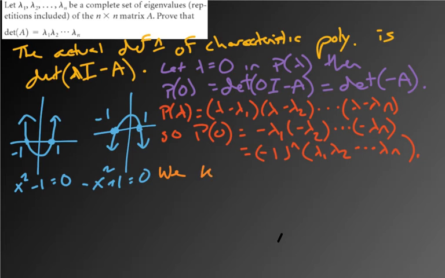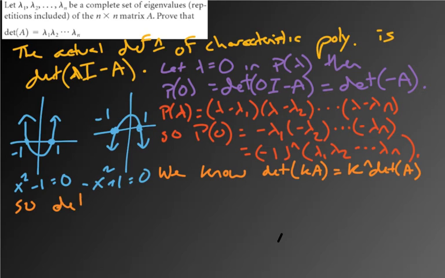We know that the determinant of k times A is k to the n times the determinant of A. That's a theorem from before; you can look at the video on determinants. So the determinant of negative A equals negative 1 to the n, because it's an n by n matrix, times the determinant of A. We're basically there.